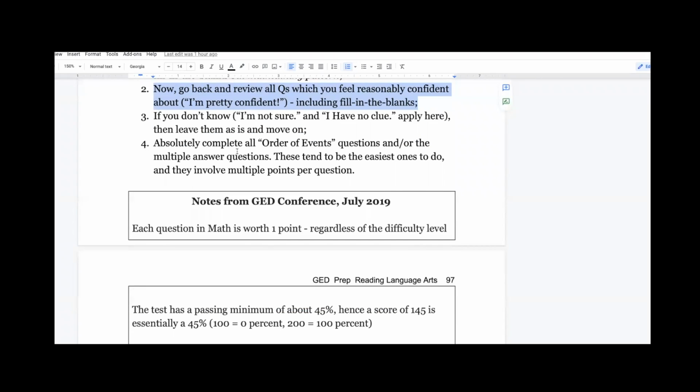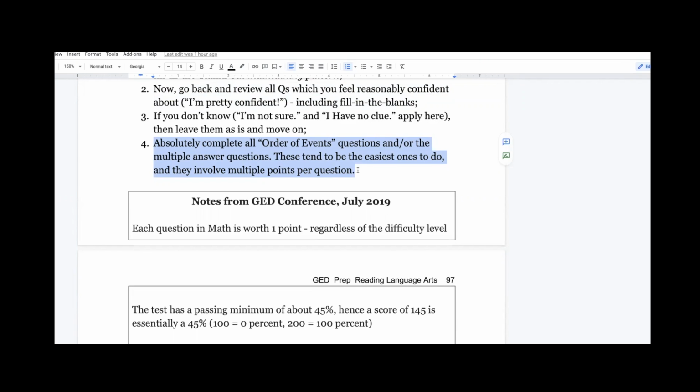And lastly, especially in language arts, I say this to students, complete all order of events questions where they'll say what came first, what came second, what came third.